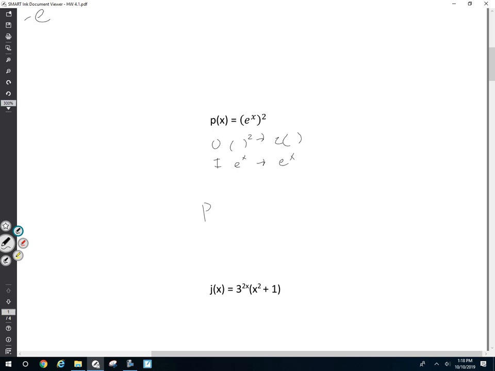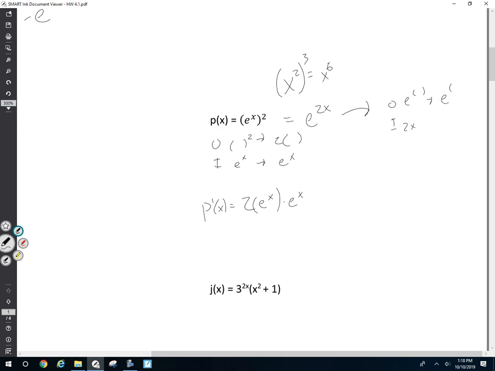In this one, you could say p prime of x is 2 e to the x times e to the x. Or, you know, if you have a power to a power, you can multiply the powers. Well, e to the x squared can be written as e to the 2x. You could say this has an outside of e to the power and the inside of 2x. Watch what happens.